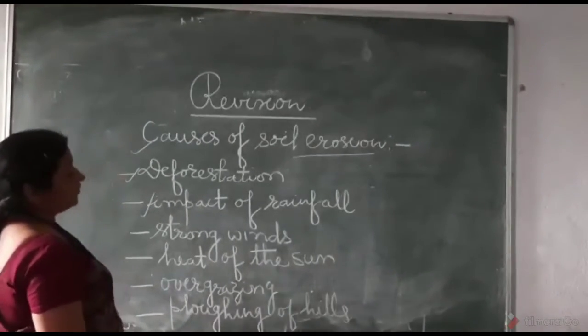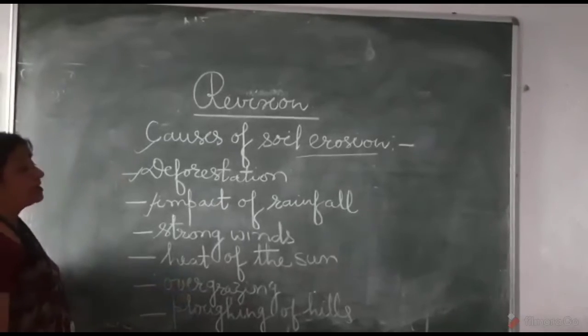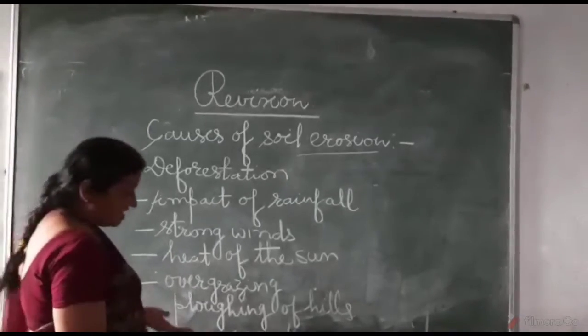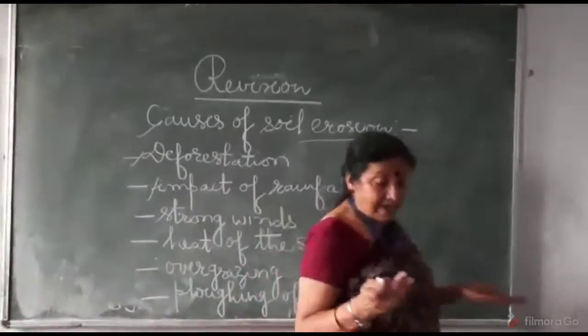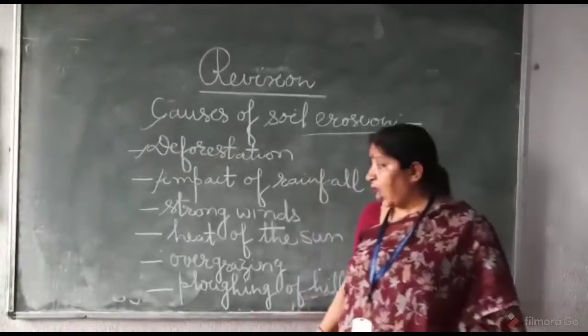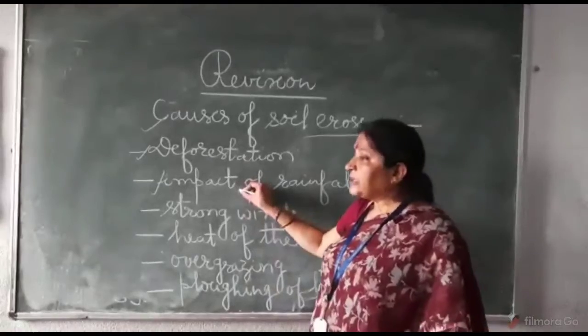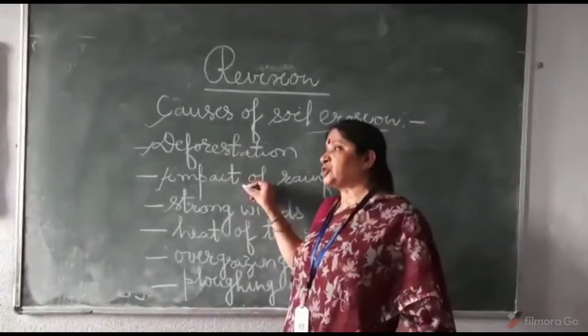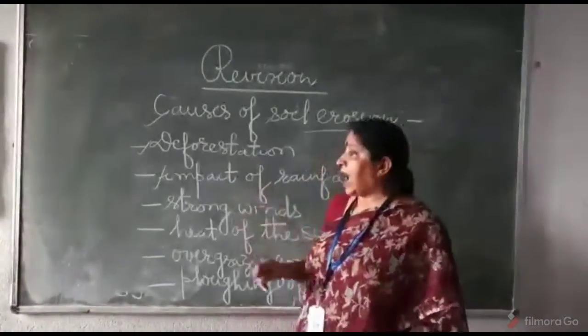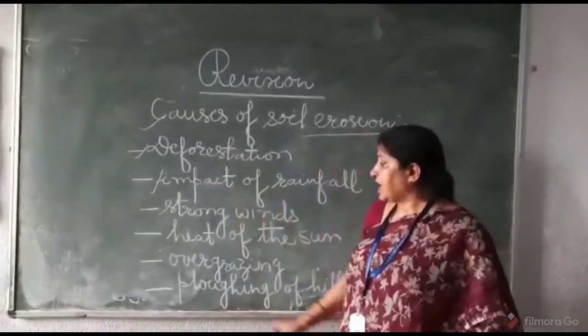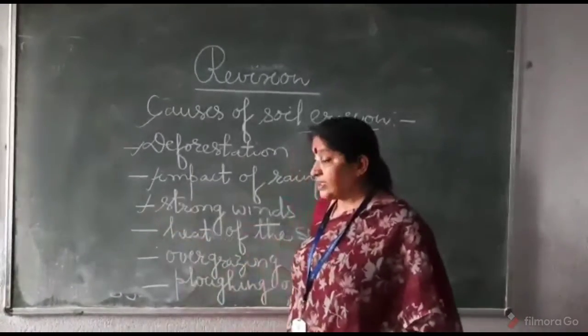So impact of rainfall is also bad when the topsoil is naked and not having any kind of crops. So we should not leave the soil without crops, and between two crops we can have some cover crops. And now the strong winds.